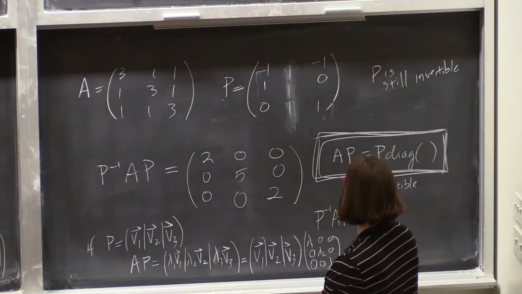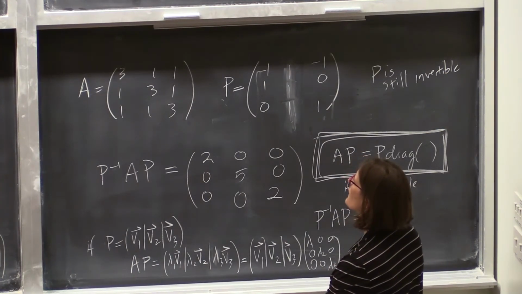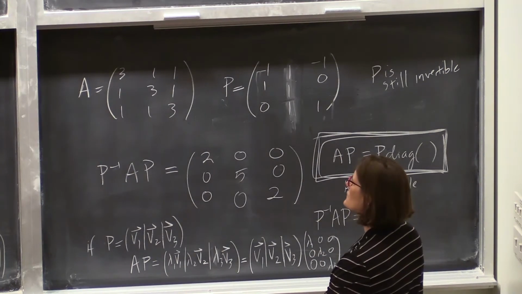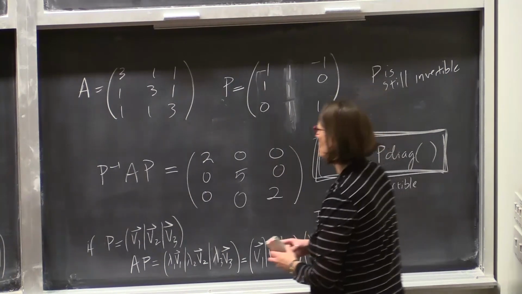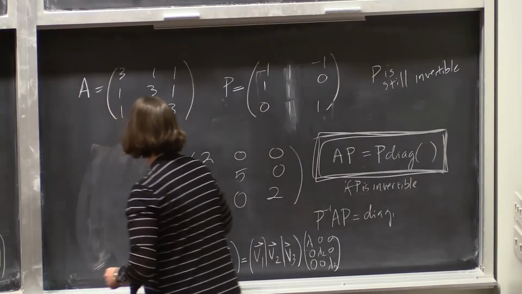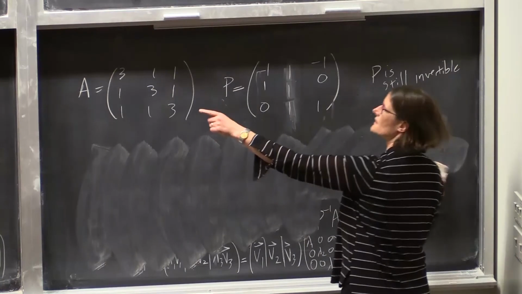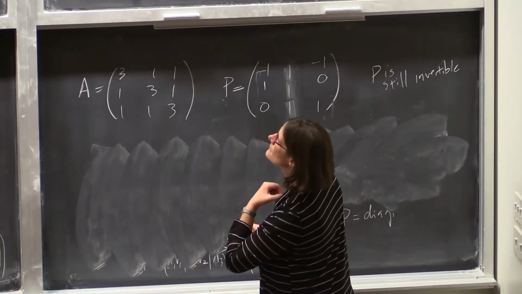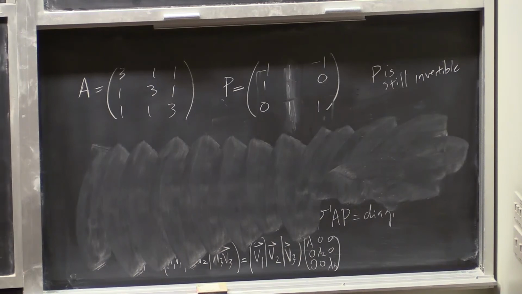Negative 2. Is negative 2 an eigenvalue? I don't think negative 2 is an eigenvalue. So let's check. Let's just check that I have an eigenvector. I did this multiplication at the beginning of class, actually, when I had this matrix times this was this.